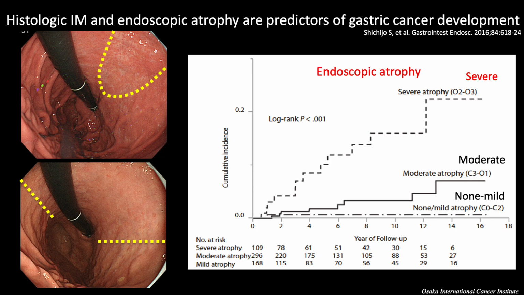This cohort study reveals a relationship between endoscopic atrophy and the development of gastric cancer. The greater the degree of atrophy, the higher the frequency of gastric cancer development.